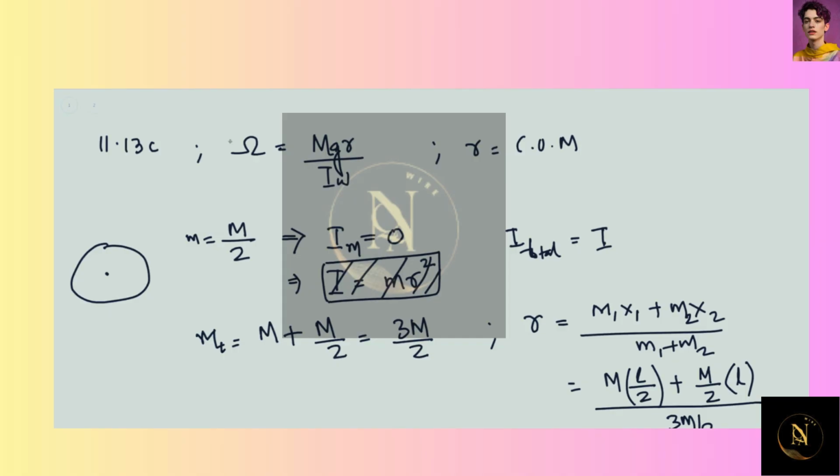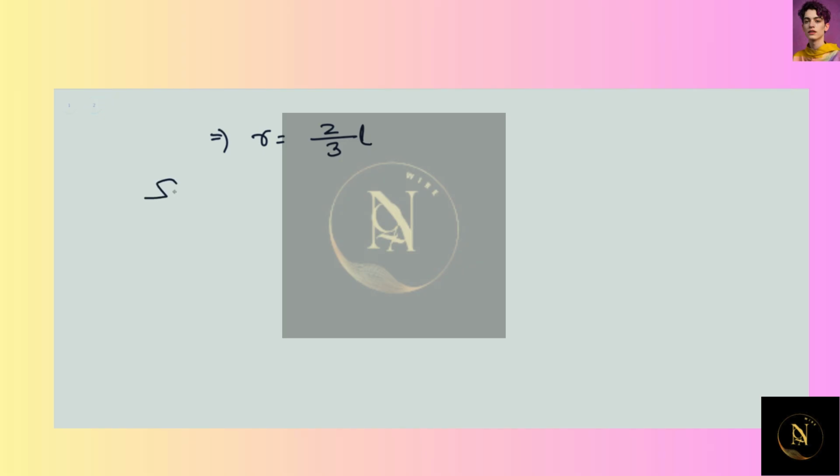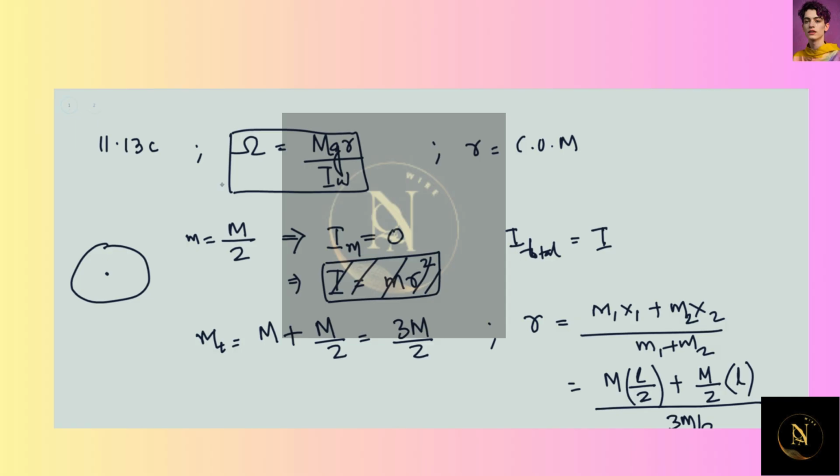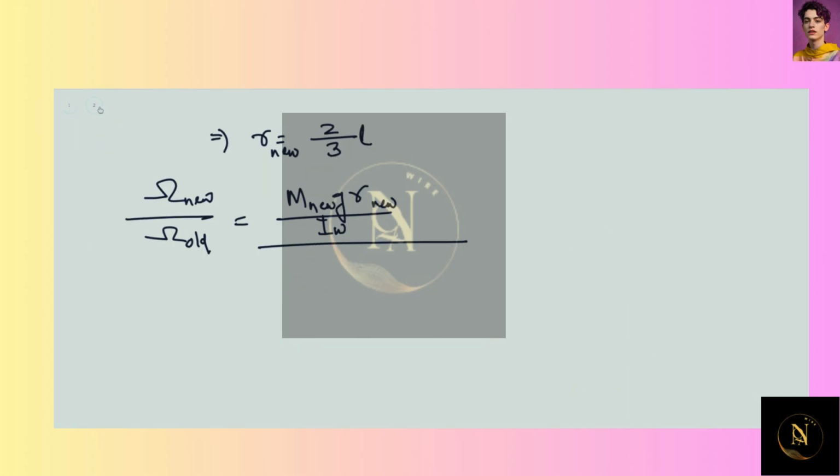Now we can use this equation to find the ratio of the new precessional velocity over the original or old one. New mass times g times r new, over I omega, and I and omega stay the same.